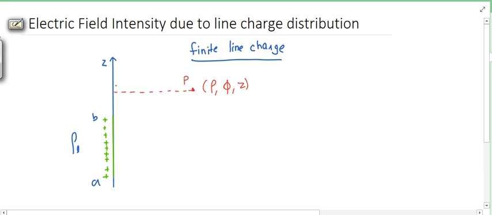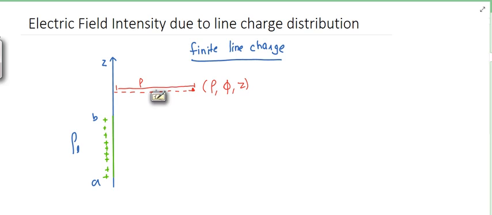So if I remove this point, because P and rho will sometimes confuse, this is the rho distance, that is the perpendicular distance we can also say.